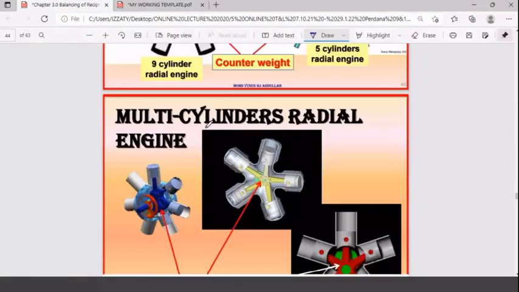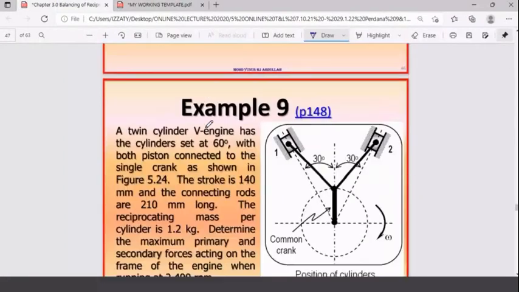After this one, you have 3 cylinders in it. Correct? 3 cylinders is not very difficult.